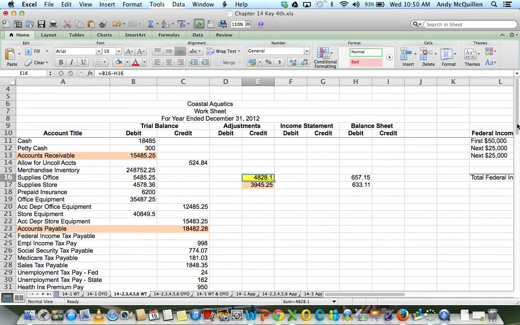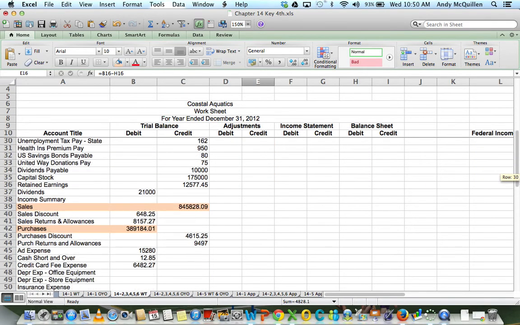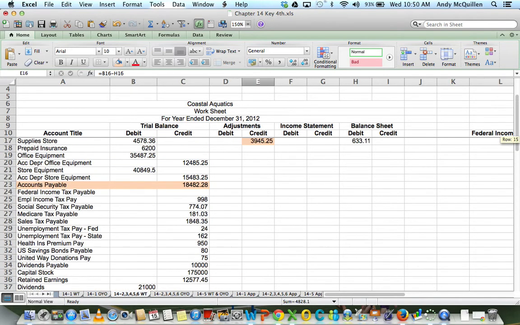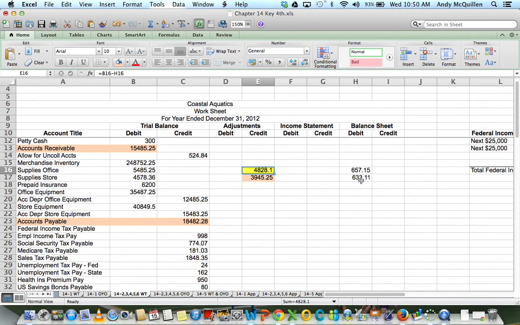The corresponding account for supplies office is down below here, and that is supplies expense office, 4828.1. The next one is supplies store, and that is given to you in the book as well. That's 633.11.